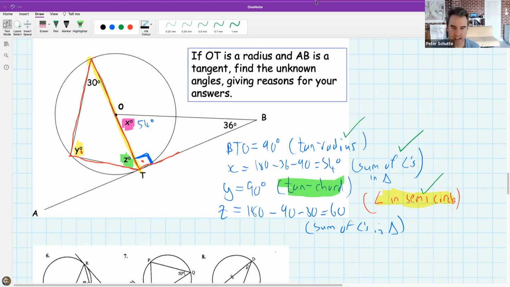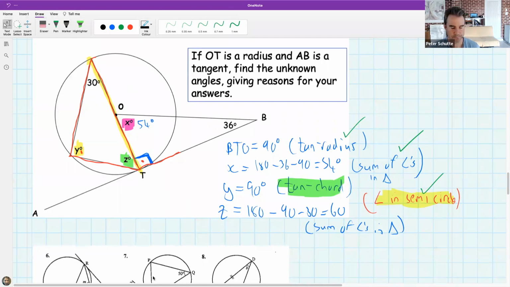Let's go to Fatejo. What's your question? Okay, so I can see that the two reasons for Y being 90 is the tan chord theorem and angle in semicircle. So what if you use the reason for the fact that there's a diameter which subtends so there has to be a 90 degrees angle, diameter subtends. Okay, yeah.